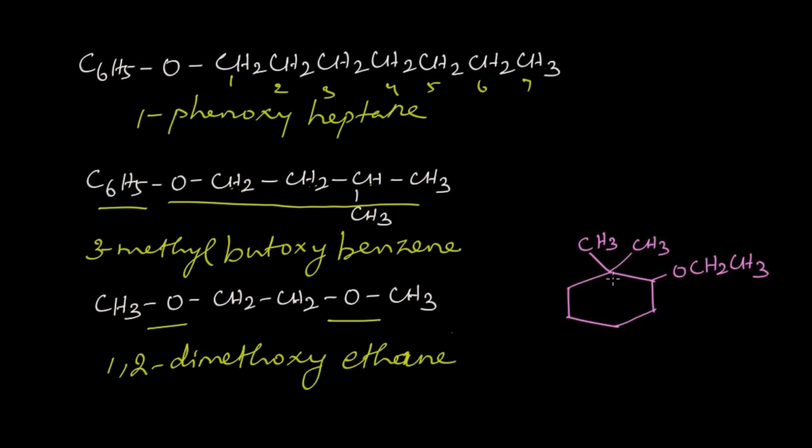The last one is, this is first carbon, second carbon, third, fourth, fifth, sixth carbon. Here inside there are no rings, so this is cyclohexane. To the first carbon, 2 methyl groups are attached. And the second carbon has ethoxy attached. So 2-ethoxy, 1,1-dimethyl, because in the first carbon 2 methyl groups are attached.